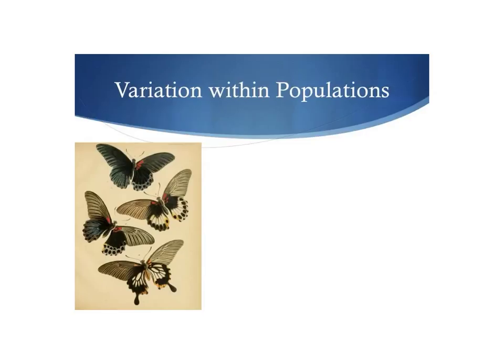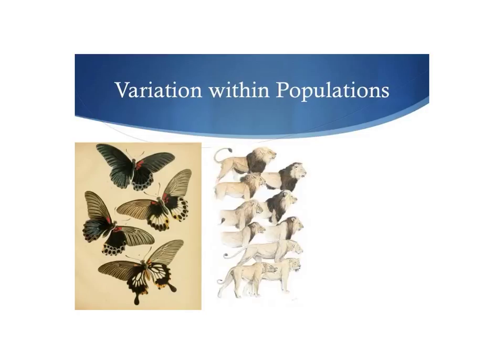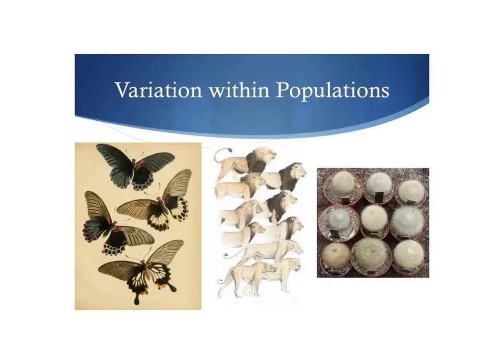So within every single population, whether you're talking about butterflies or lions or even cacti, there exist different variations within color. As you can see in the wings of each of these butterflies, there's different shapes and different patterns.